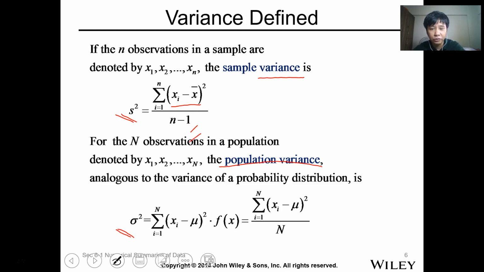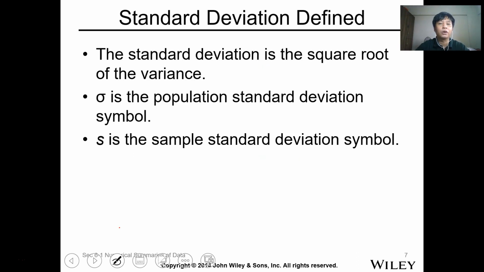While for population variance, the same, sample minus the mean value of the population, square, get the sum, divide by n. Yung n minus 1, later we will describe why the sample variance is n minus 1 while the population variance is n only.